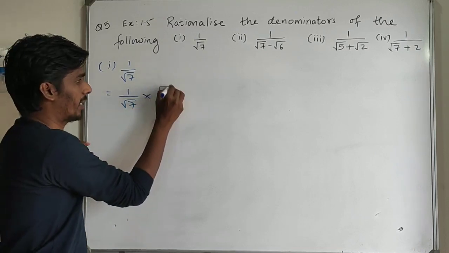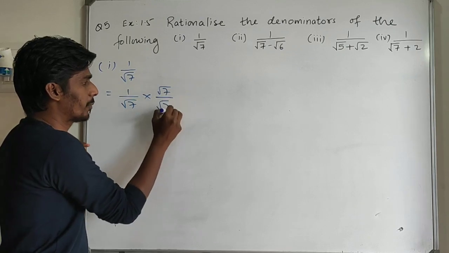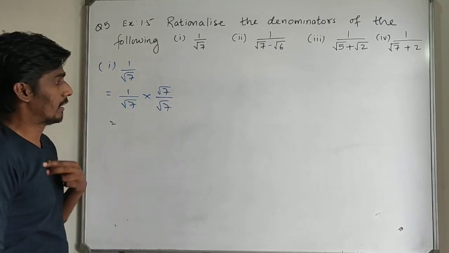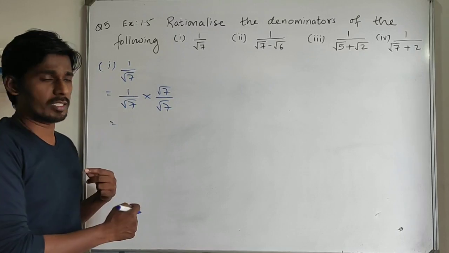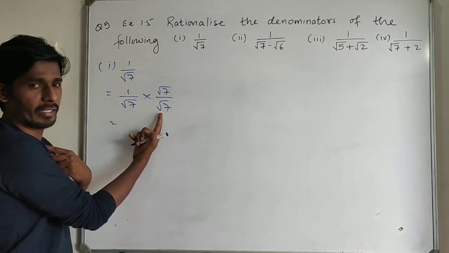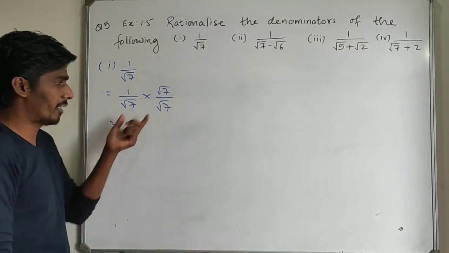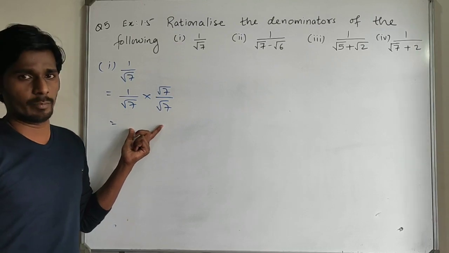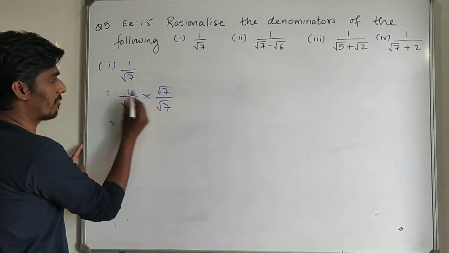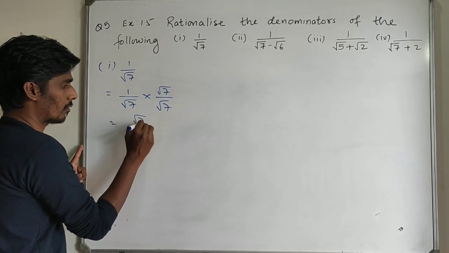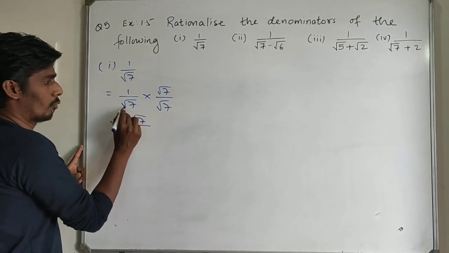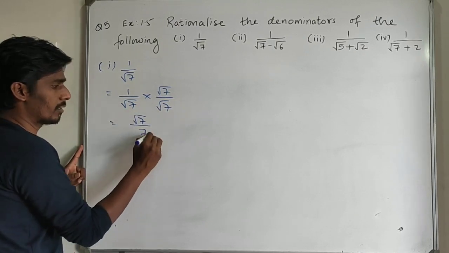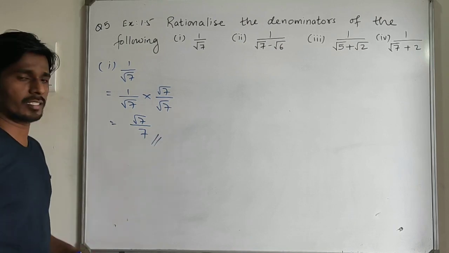So I am going to multiply numerator and denominator by root 7. Now if you think, why only root 7? By root 7 it becomes what? 7. And the denominator becomes what? A rational number. So root 7 into 1 is what? Root 7. Root 7 into root 7, it's what? 7. So this is your answer.